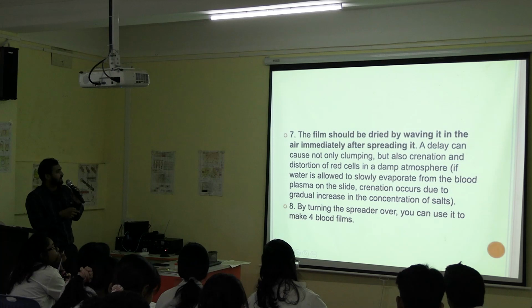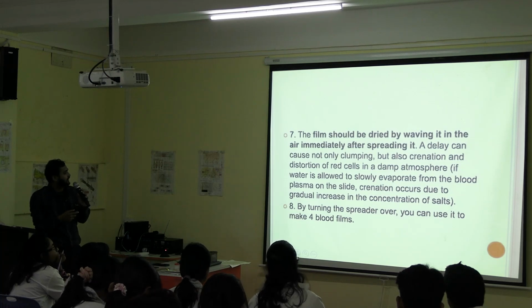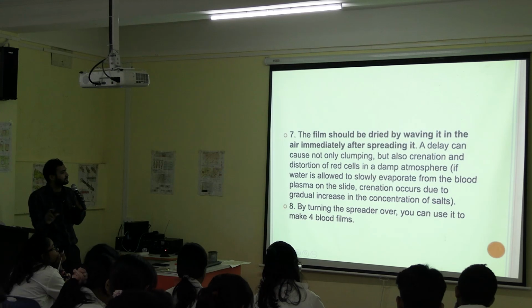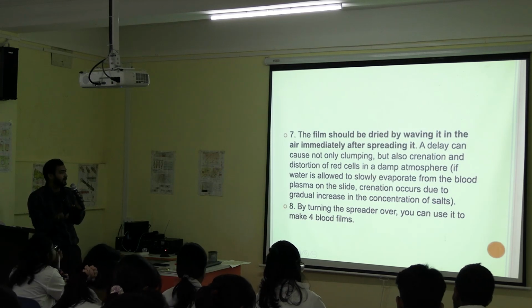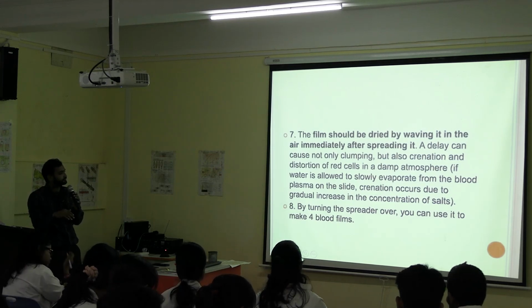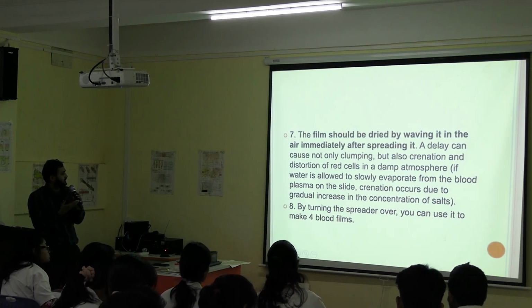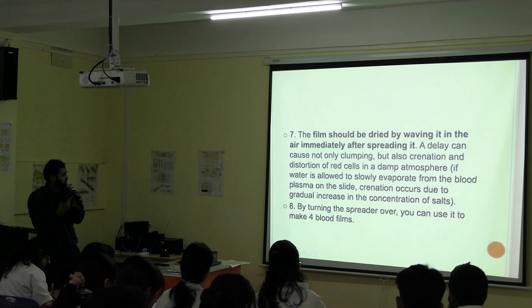The film should be dried by waving it in air immediately after spreading it. Any delay will cause clumping, also crenation and distortion of the cells. By turning the spreader over, you can use it to make 4 films.